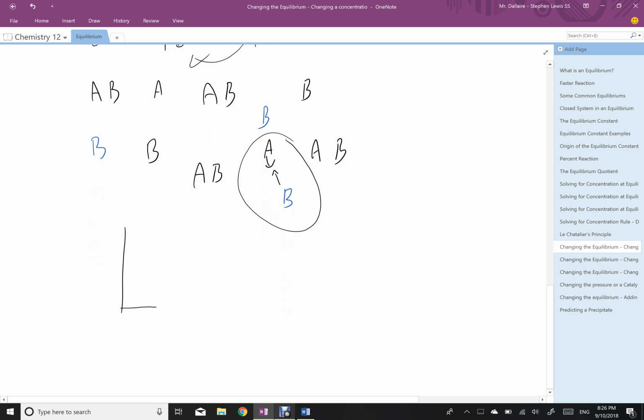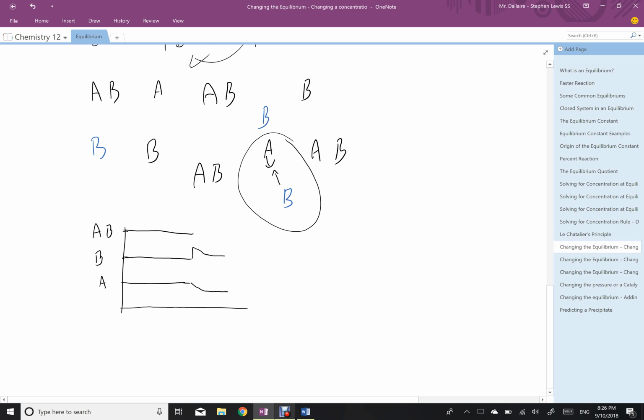Again, if I have my population A and my population B and my population AB, and we start at equilibrium, and then at some point in time I increase the population of B. Now there's more B's for A to collide with, and the two things start reacting a little bit faster.